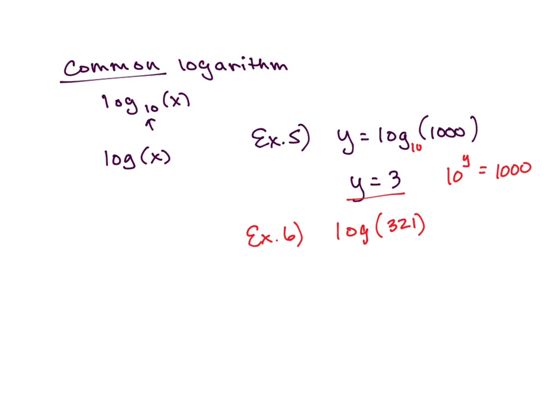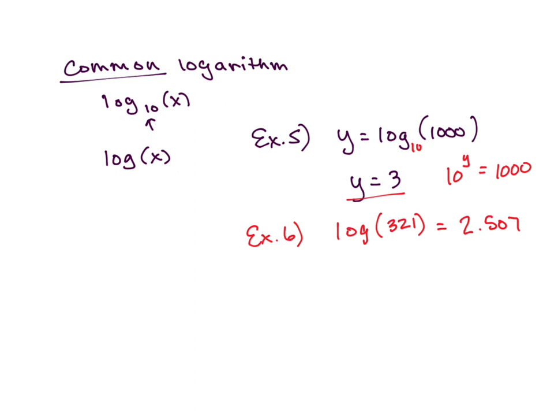In the box, because there is no base, you automatically put a 10 and push equals. What'd you get, Nico? 2.50651. So 2.507. That's what I got. That's how you do it.